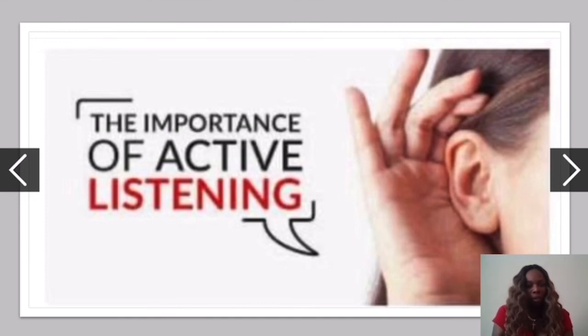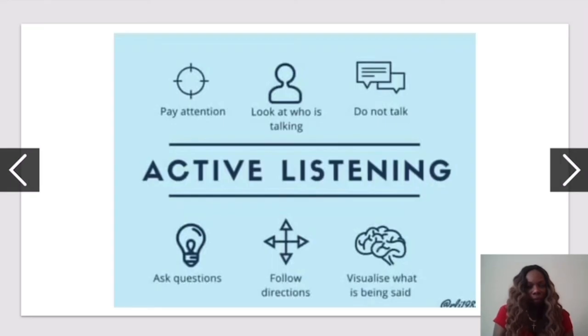It's important to be active when you're listening. When you're actively listening, you're paying attention, you're looking at who is talking to you, and you're not talking while they're talking. And while they're talking to you, you want to remember to ask questions. You want to follow the directions that are being given to you during the conversation, and you want to try to visualize what's being said.